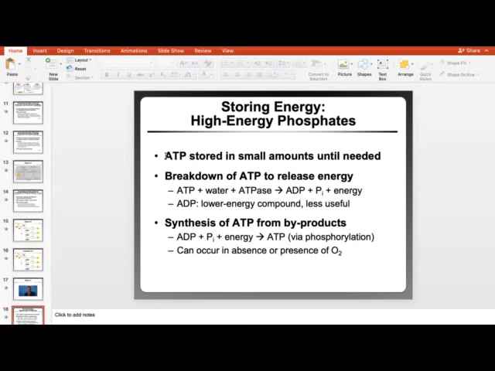That energy is utilized by your myosin heads and the myosin cross bridges to change their angle and reattach to your actin heads so that you can have the sliding filament theory. When the filaments slide across each other, you have muscle contractions. So ATP is needed for muscle contractions to occur, and therefore ATP is needed for your body to be able to move.